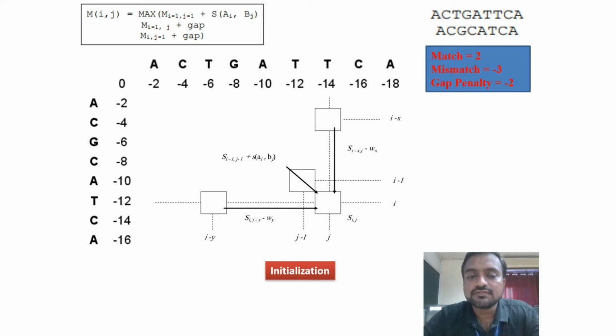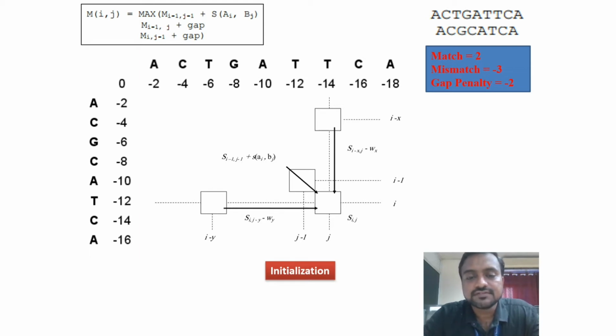What you see right under the first row and right next to the first column is nothing but the gap penalty. While performing dynamic programming, we will be provided with the gap penalty.